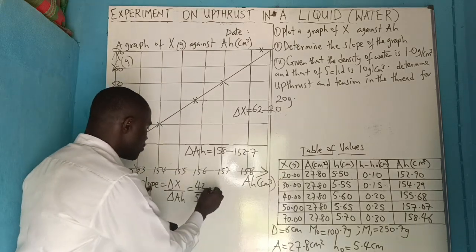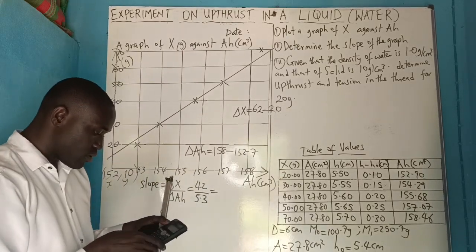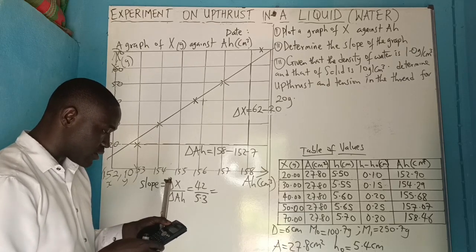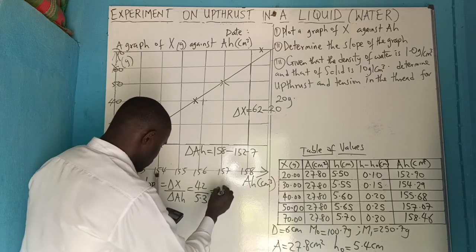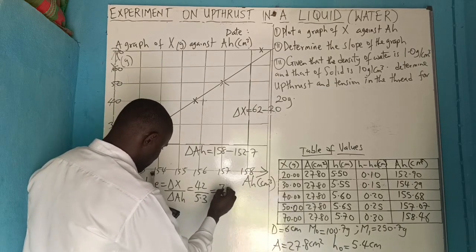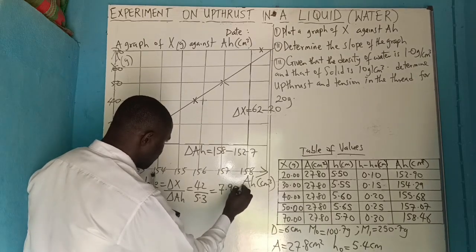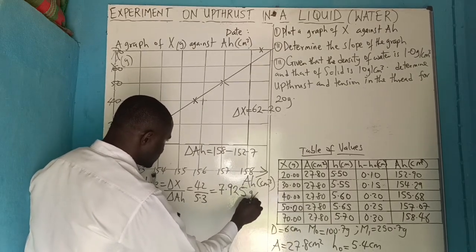So our slope will now be equal to 42 divided by 5.3. That is 7.925 gram per cm.